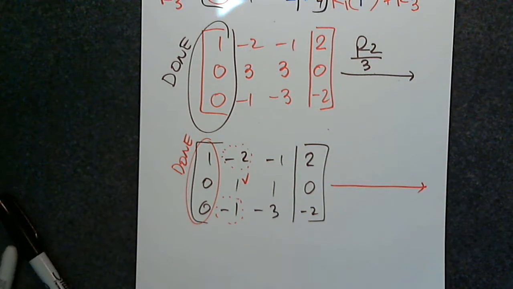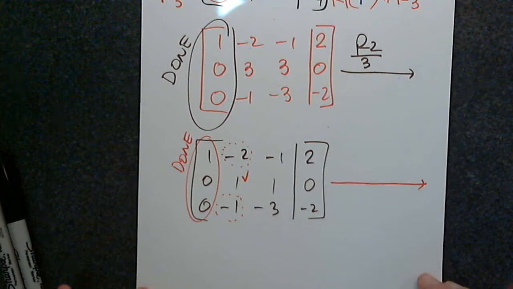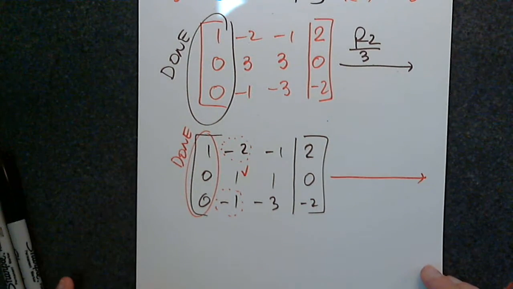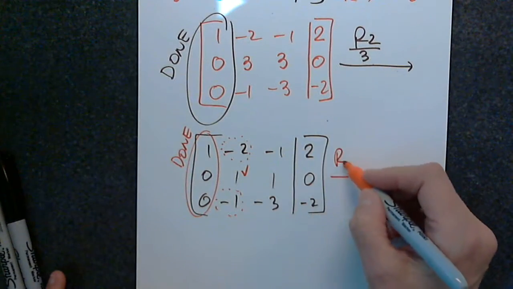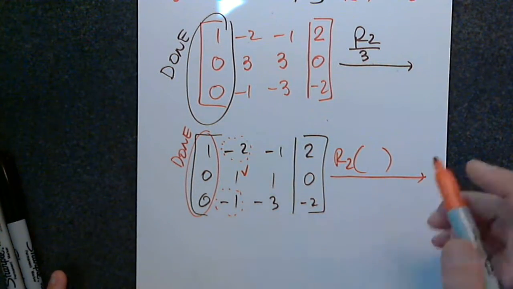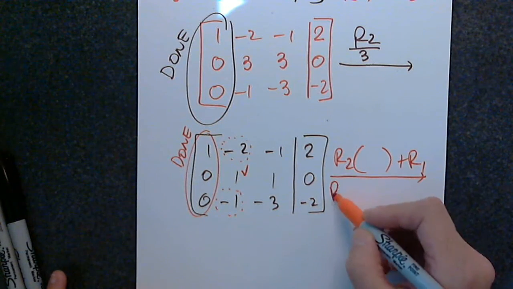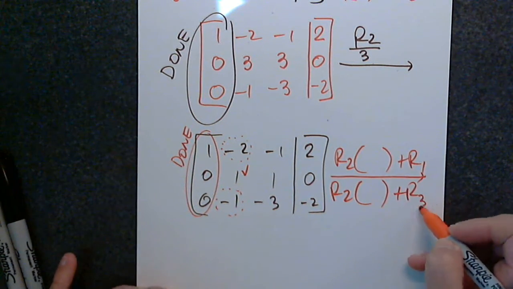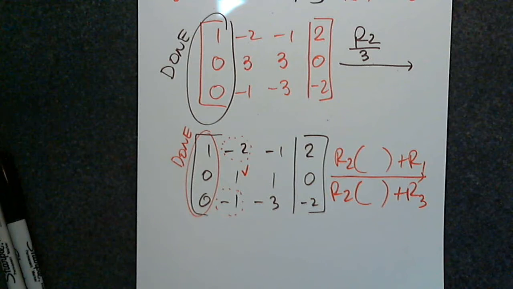In step 2, which row do I use? It has to be row 2, very good. Row 2 now will be multiplied by something and added to row 1, and row 2 will be multiplied by something and added to row 3. So remember, I'm using this to eliminate this number, and I'm using this to eliminate this number.